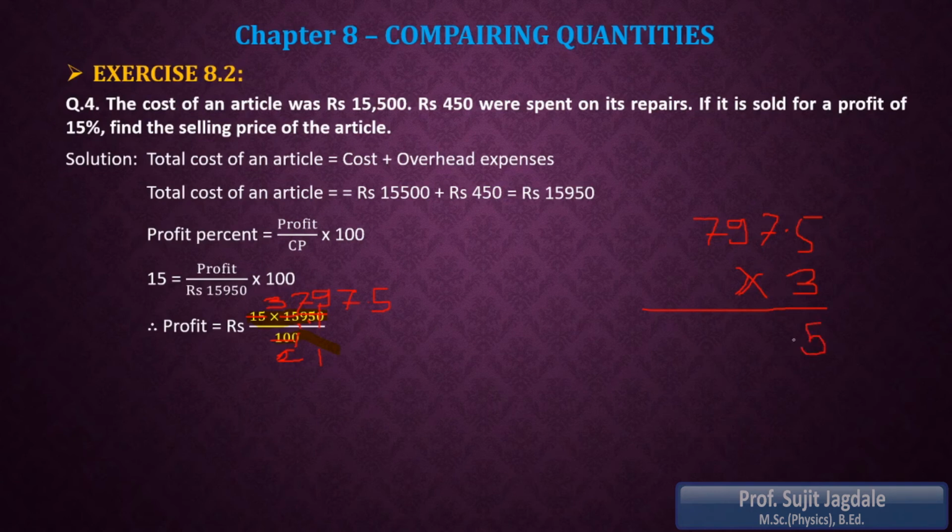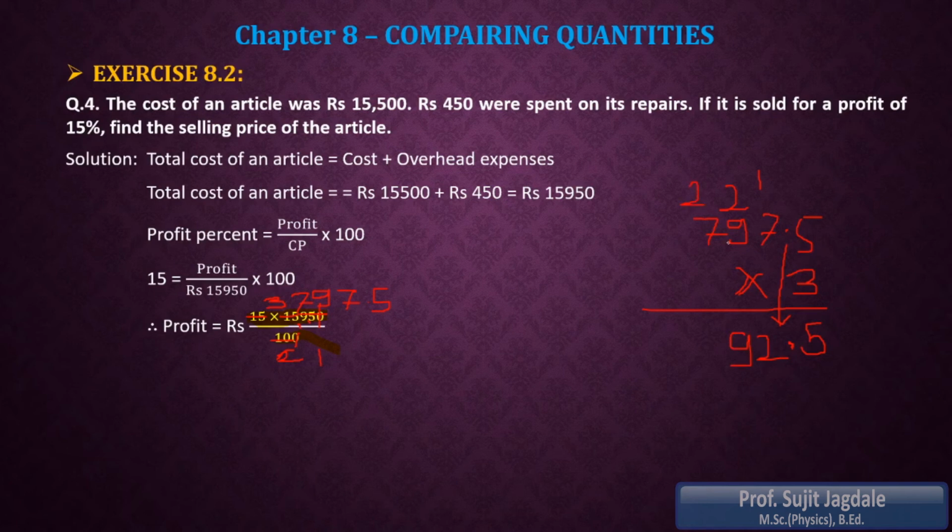3 5s are 15, so remainder 1, then 3 7s are 21. Now bring that decimal point as it is to the downside. So 3 7s are 21, 21 plus that remainder 1 is 22. So again 2 is remainder. Then 3 9s are 27, 27 plus 2 is 29. So again 2 is remainder.